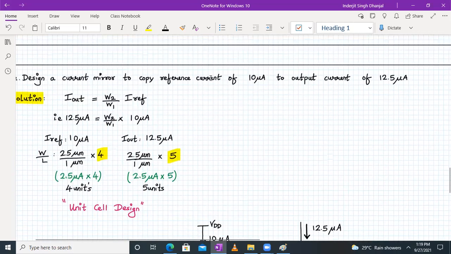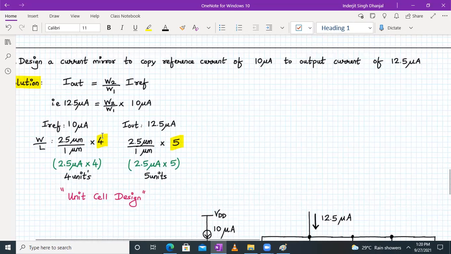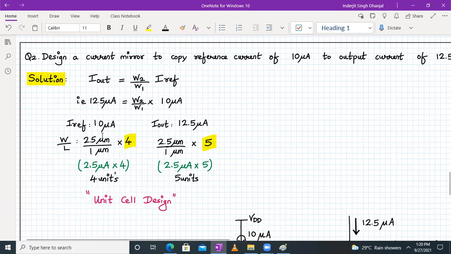I repeat again, we wanted to design a current mirror to copy a reference current of 10 microamperes to 12.5 microamperes. So what did we do? We broke this into 4 parts. We first generate 2.5 microamperes with a sizing of 2.5 micrometer divided by 1 micrometer, and then we made 4 units of it. On the output side, we kept the design the same, but multiplied by 5 times.